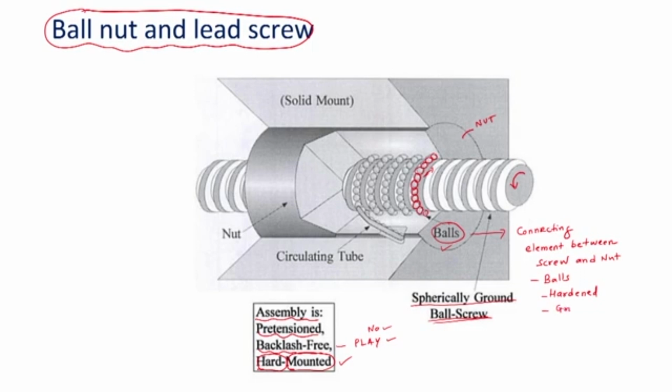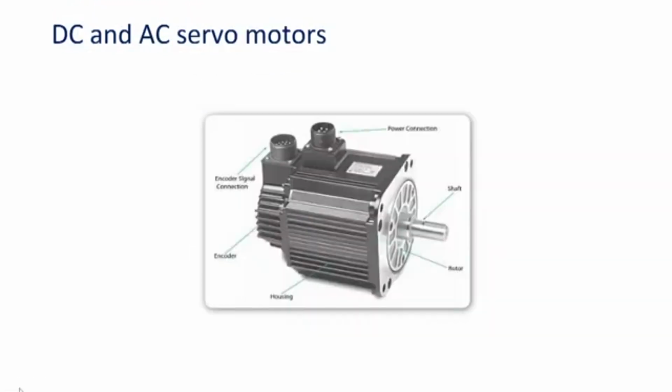In CNC machine tools we are using servo motors along with the encoders. Here the encoder has to be mounted. This is the encoder and it is continuously monitoring the rotation of the shaft. This is the shaft and this is the rotor arrangement, and based upon the electrical signals given to the motor, the shaft gets rotated. The encoders are just monitoring the performance continuously.